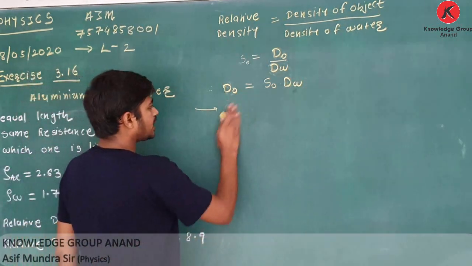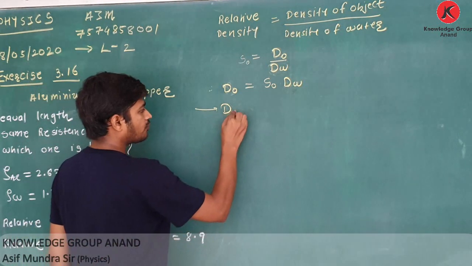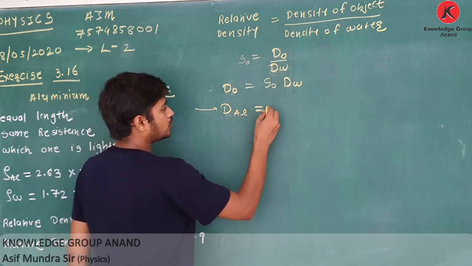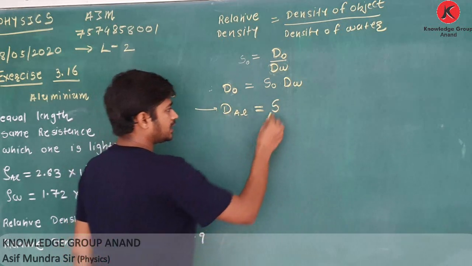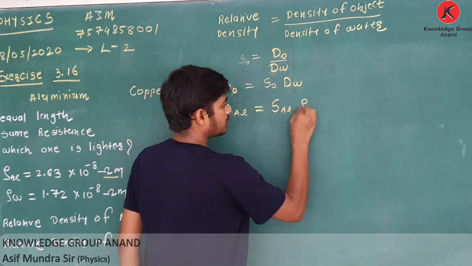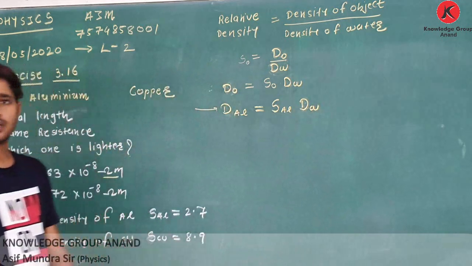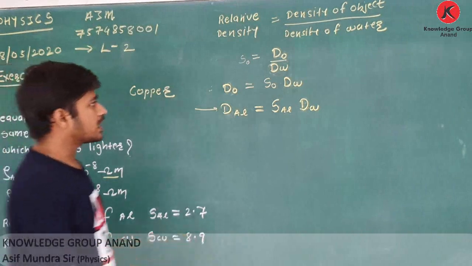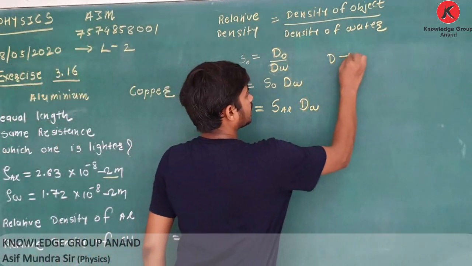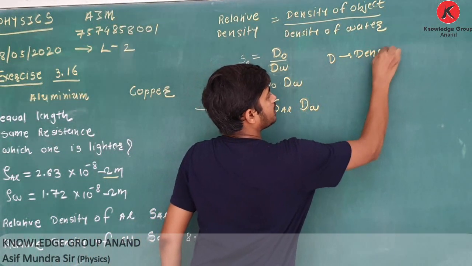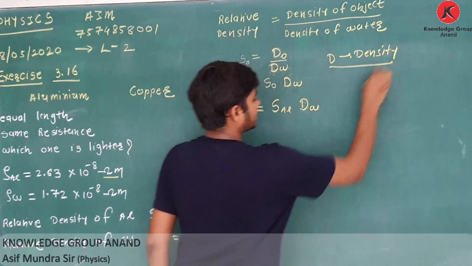Then density of aluminium is equal to relative density of aluminium into density of water. Clear about this? Here D is for density.